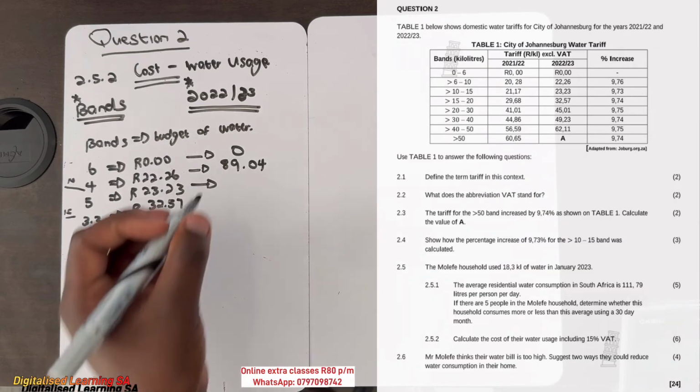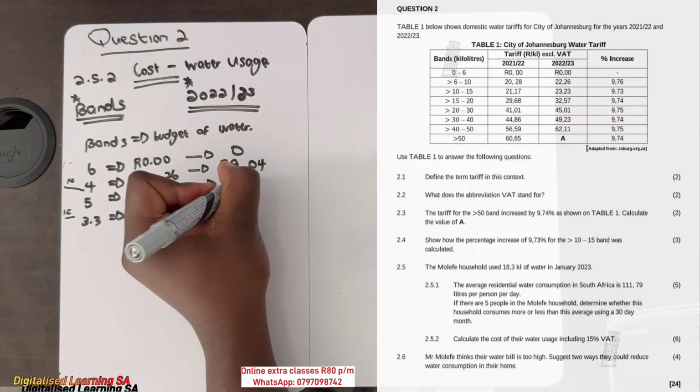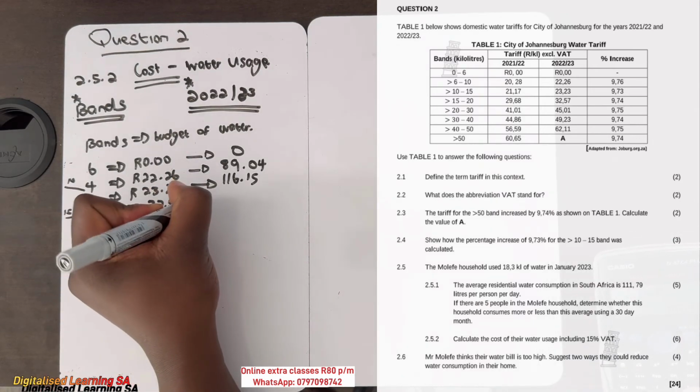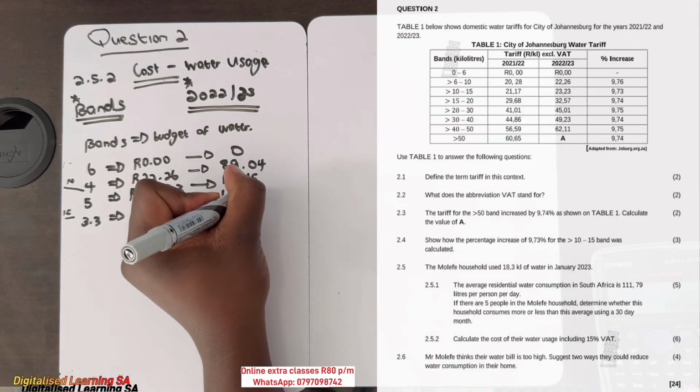So the last one, we multiply 3.3 by 32.57. 3.3 multiplied by 32.57, we get 107.48.